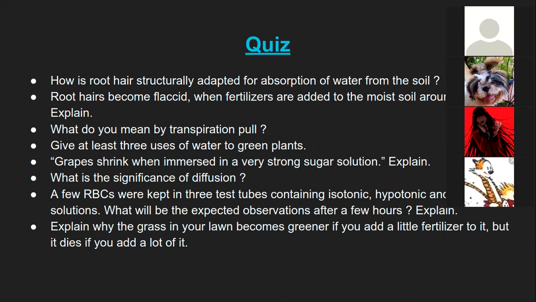Okay, now the second question, Aryan. Root hairs become flaccid when fertilizers are added to the moist soil around. Maybe the fertilizers contain a good amount of salts, which would be less inside the roots. Fertilizers actually don't contain salt. The fertilizers are certain chemical molecules, like, let's say, phosphates or nitrates.